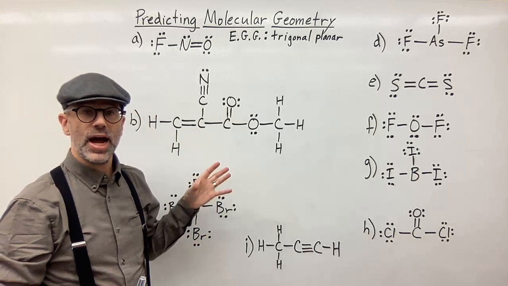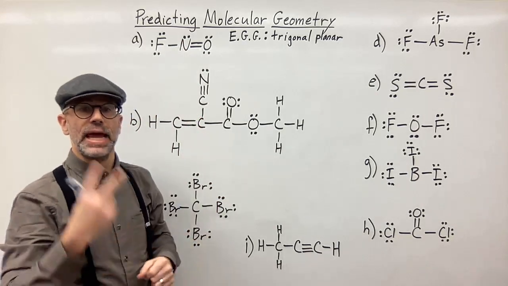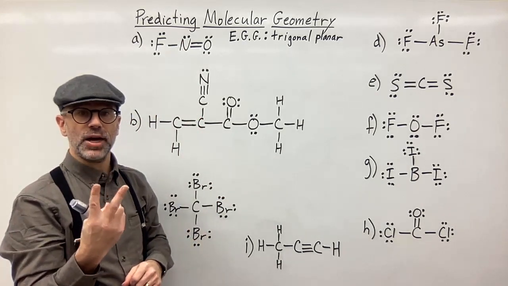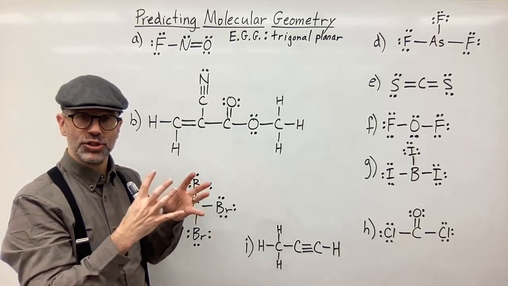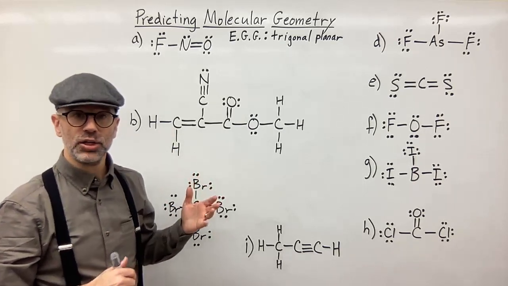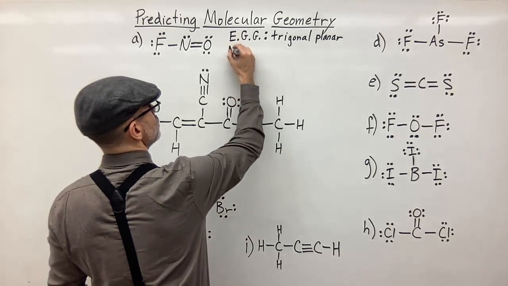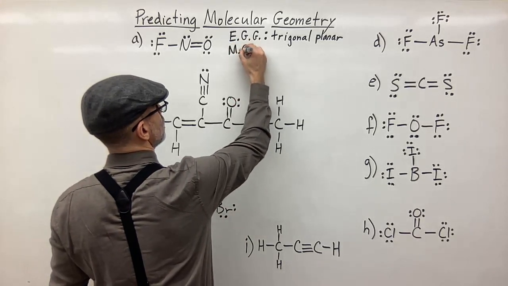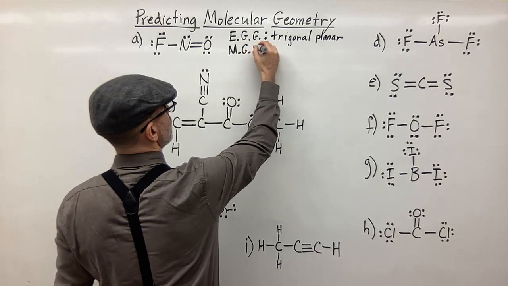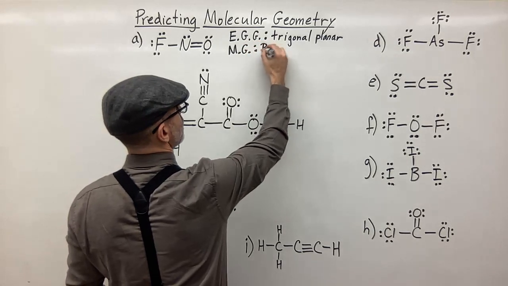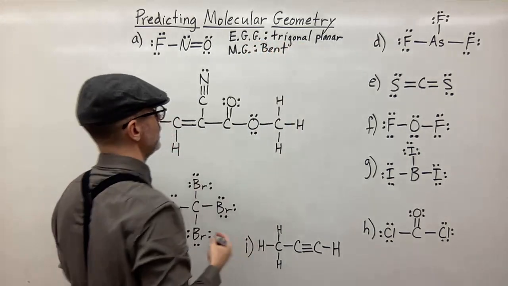When you have one lone pair and two bonding pairs around your central atom, then the molecular geometry is going to be bent. So the molecular geometry is bent.